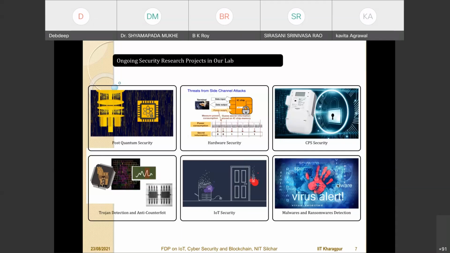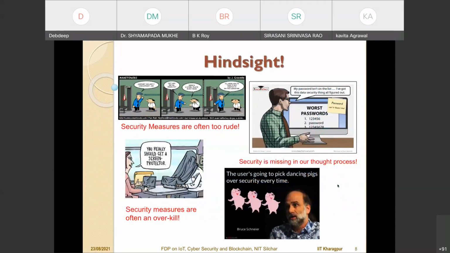So with this brief background, I would like to stress that one of the reasons why security is often missing in our day-to-day products is because security is often seen as overkill. All of us want to be secured, but nobody really wants to pay for security, and therefore it is missing in our thought process.